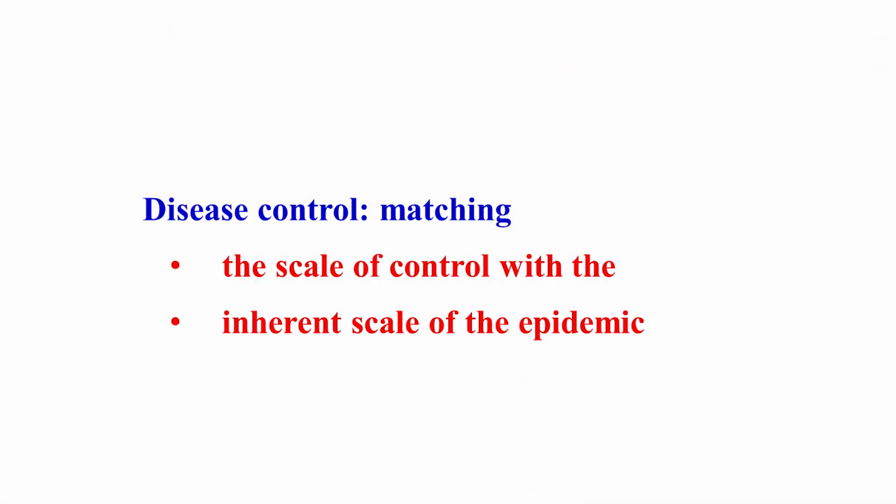So let me give you one more example. I'm thinking about control. What I've done up to now, I hope, is given you a feel for the heterogeneity of the spread of disease. It's controlled in part, and largely, by the distribution of the host.